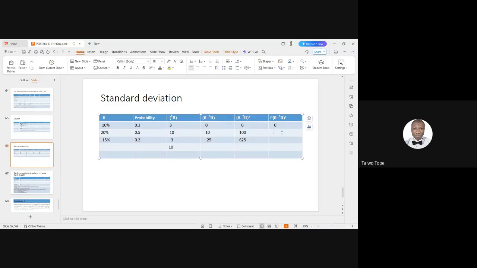So P multiplied by R minus R bar squared: 0, 0.5 multiplied by 100 is 50, and 0.2 multiplied by 625 gives you 125. Your variance will now be 175.